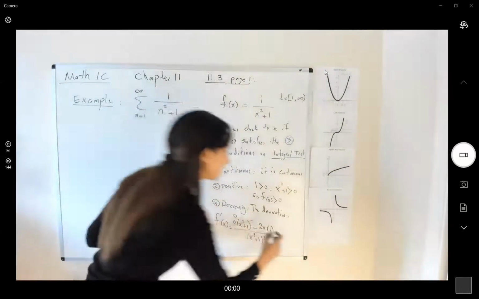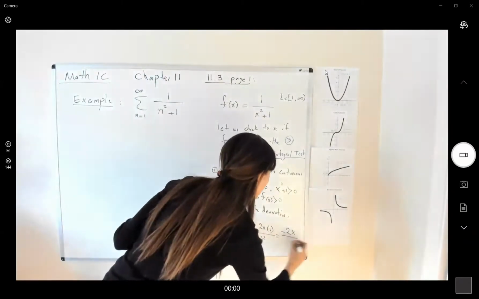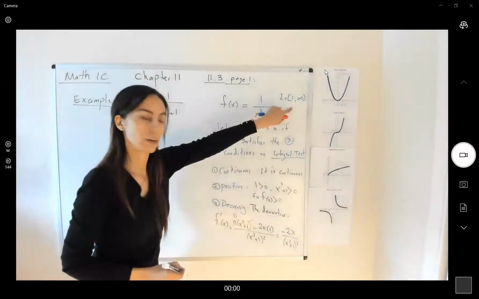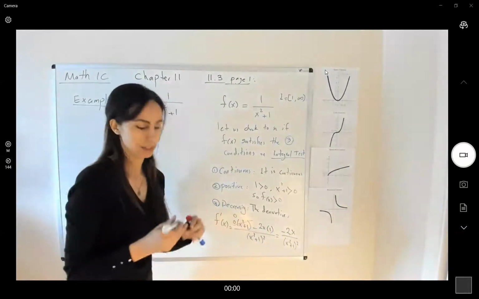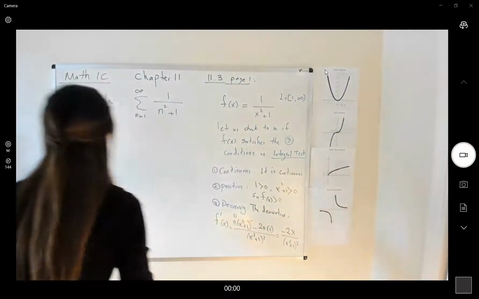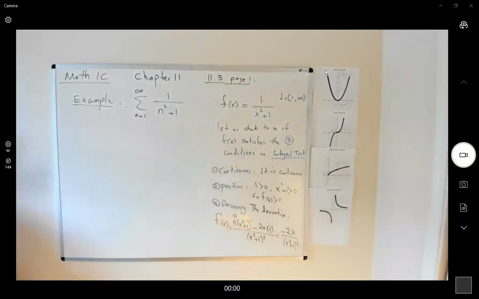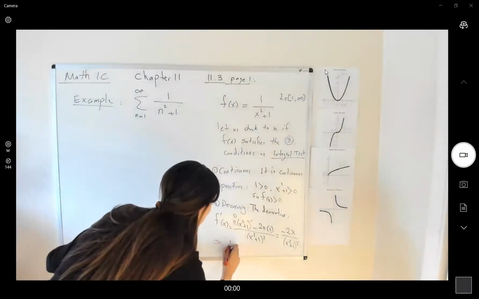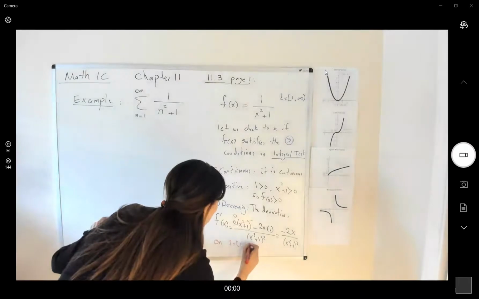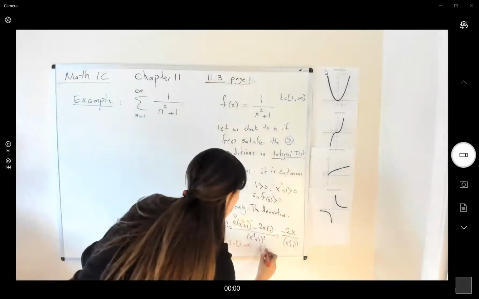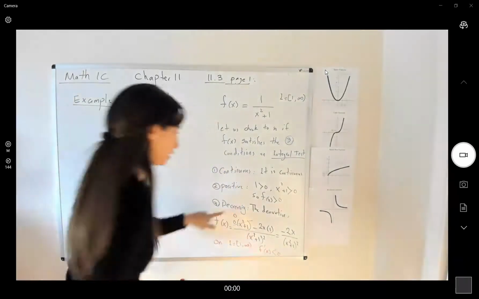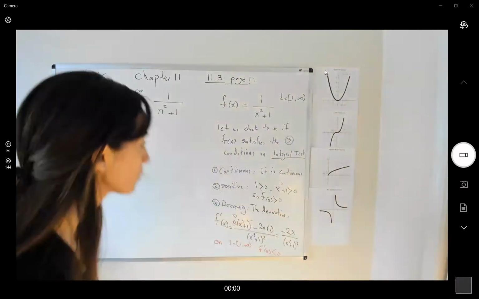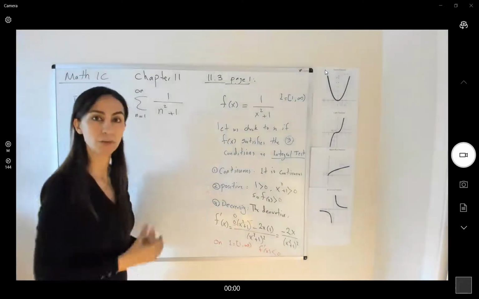You get minus 2x divided by x squared plus 1 squared. On this interval, the derivative is always negative. So on 1 to positive infinity, the derivative is always negative. It means that you have a decreasing function. Okay, all conditions are met.